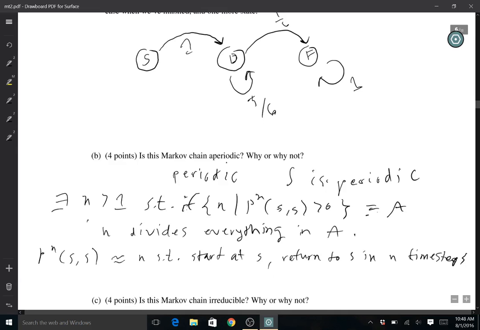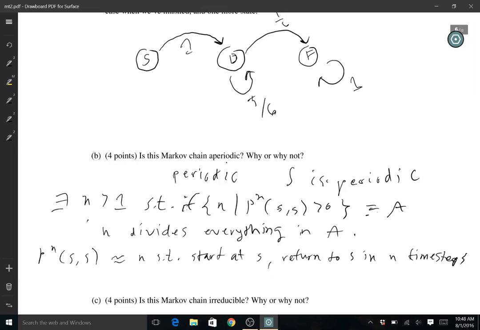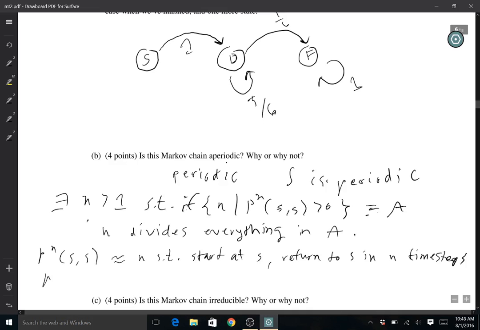Because P is the transition matrix, if you start at S and do the transition n times, the probability of being at S is non-zero after transitioning n times. So that's exactly what it's saying: you can return to S in n time steps. But we can see by observation that once you leave S, you're never going to get back to S again. Therefore this set A is equal to the empty set.